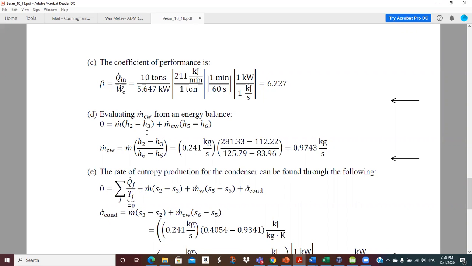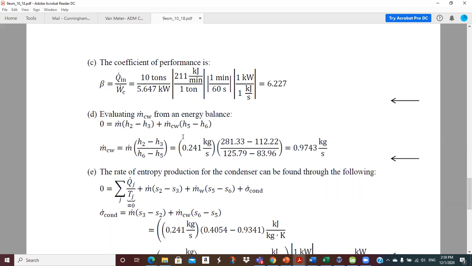That has to balance the mass flow rate of the cooling water times the enthalpy difference across that. This one is going to be a negative because they're on the same side of the equation and have to add to 0, so they're really equal to each other. You can move this to the other side and flip the signs, however you want to think about it.